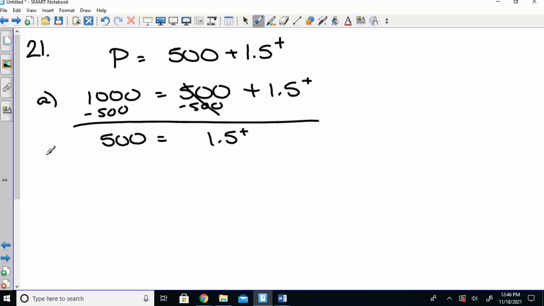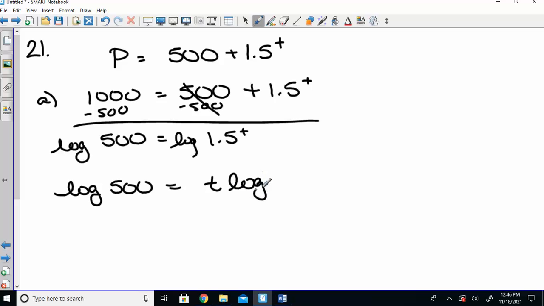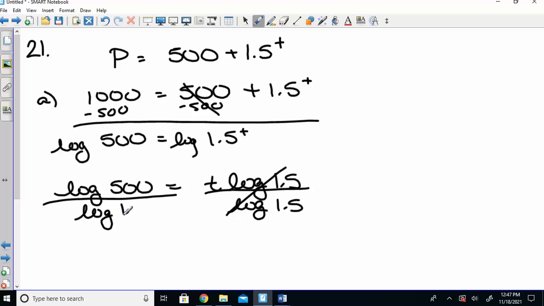So then, what do I need to do? Add a log to each side. The benefit of that log is then the t comes down. So then you can divide by log 1.5. So if you plug that in, you get 15.327 years.